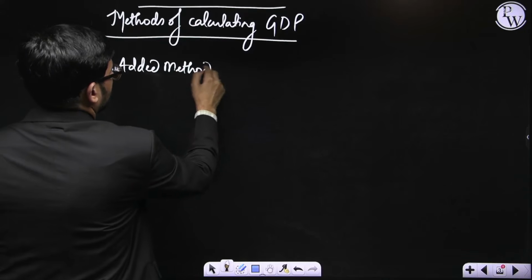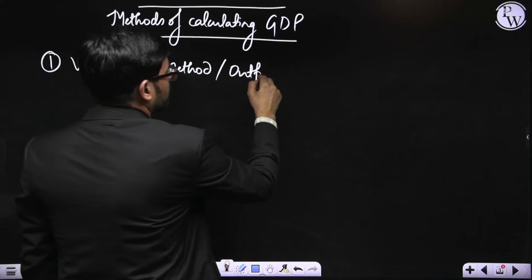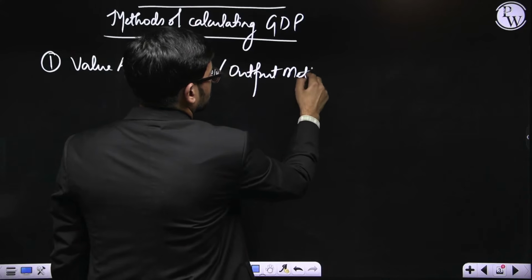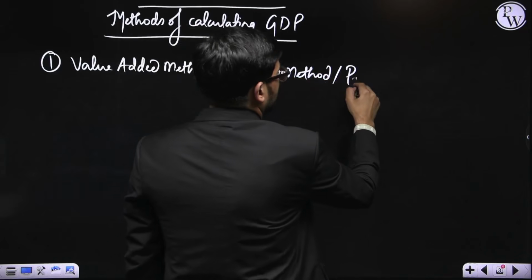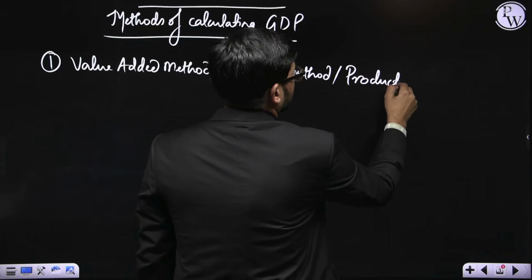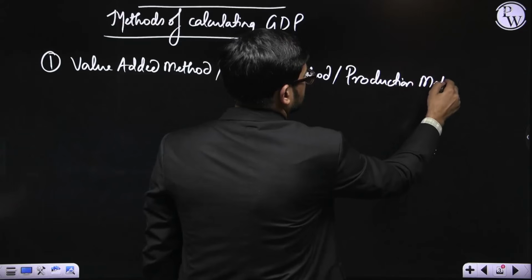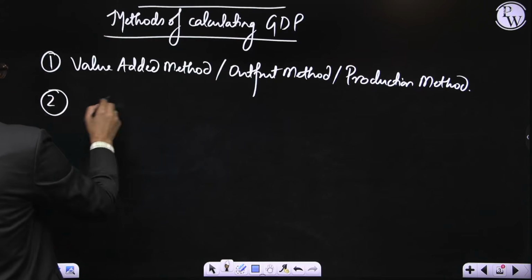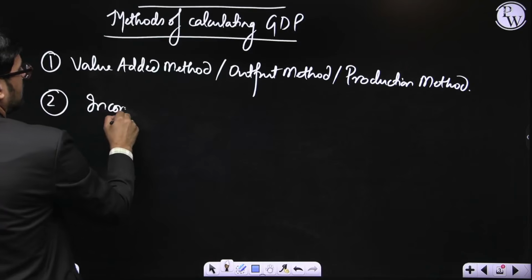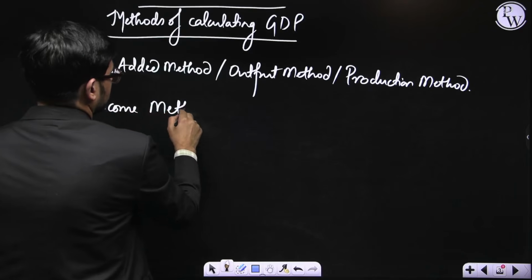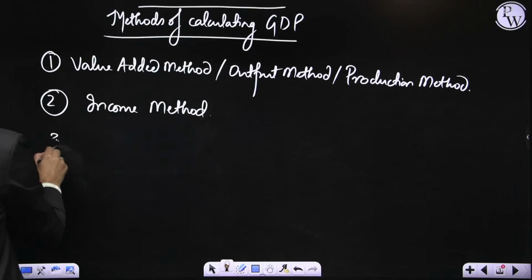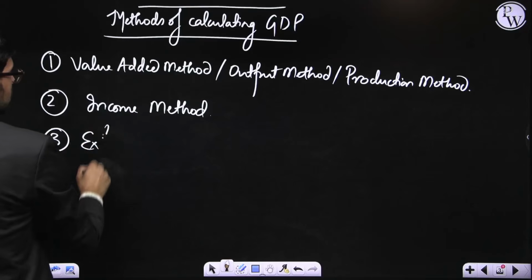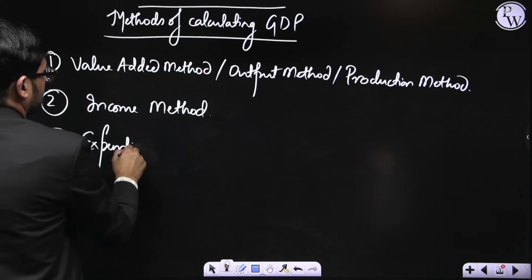This is also called the output method, and it is also called the production method. The second method is called the income method, and the third method is called the expenditure method.